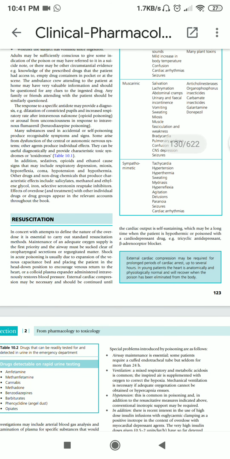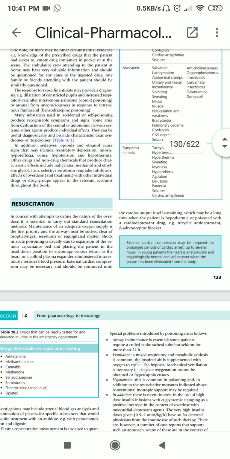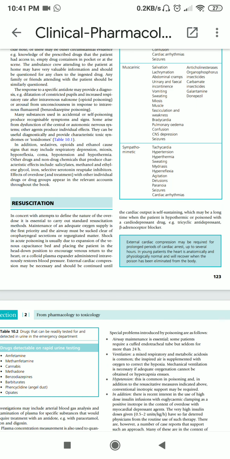So the first step that the doctor should carry out, after the patient is admitted, is to check whether the person is having an adequate airway.